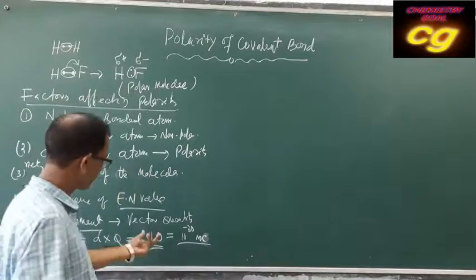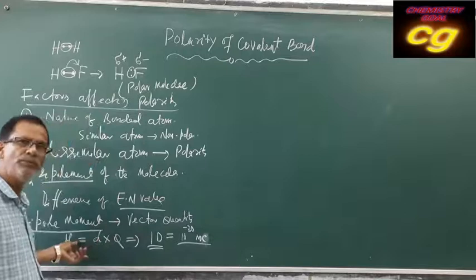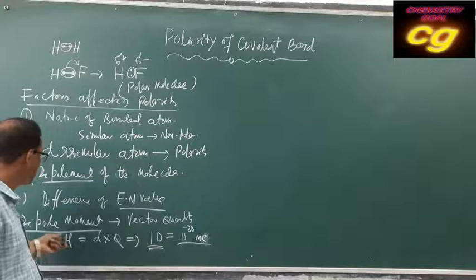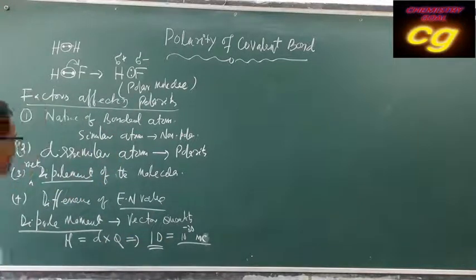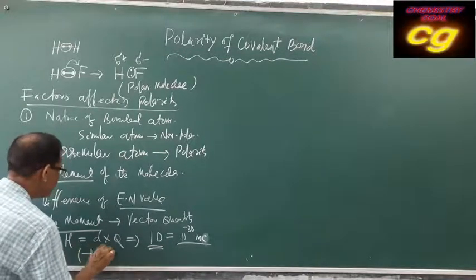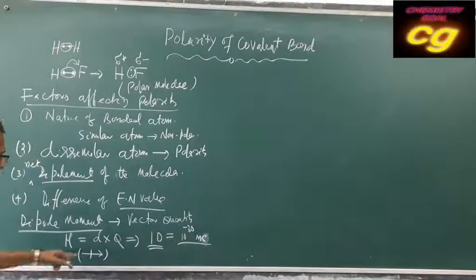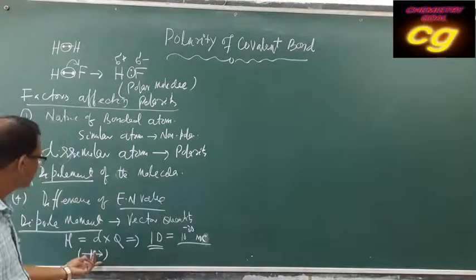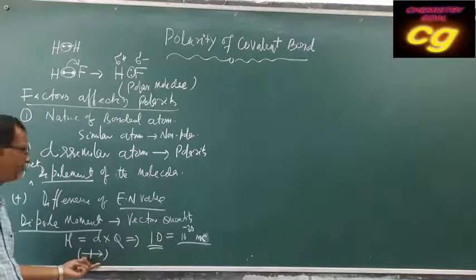If the Debye value is more, then the dipole moment will be more. And this is expressed as mu. Mu is the symbol of dipole moment. The dipole moment is generally expressed by an arrow sign having one vertical line, which indicates the formation of dipole moment, that is the polarity.